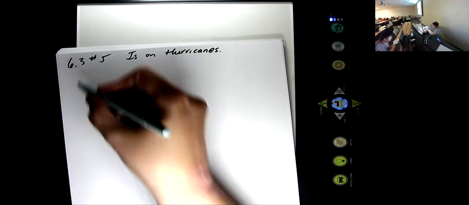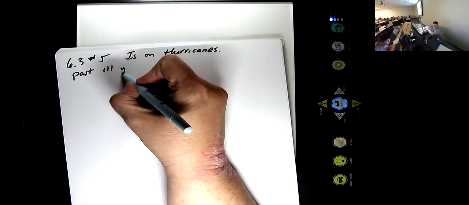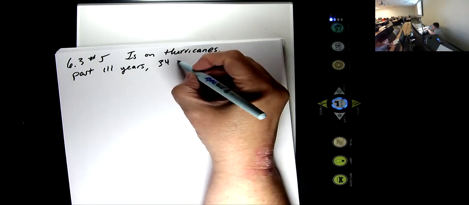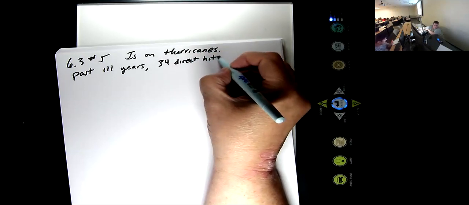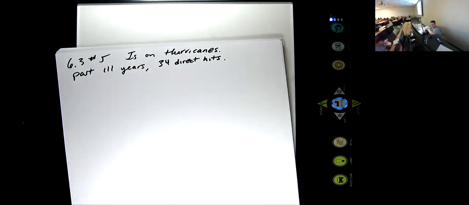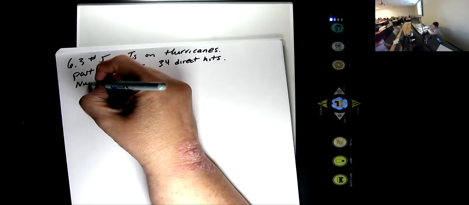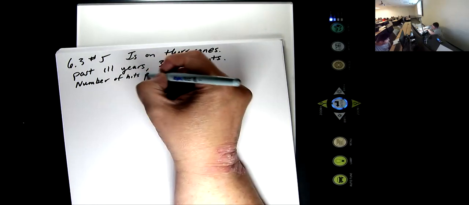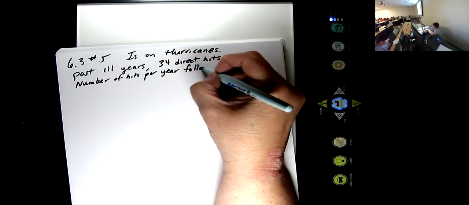And it gave me for the past 111 years, there were 34 direct hits. And it says number of hits per year follows a Poisson distribution.